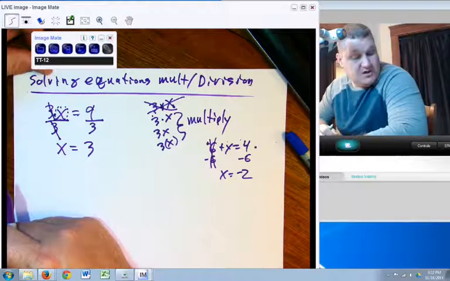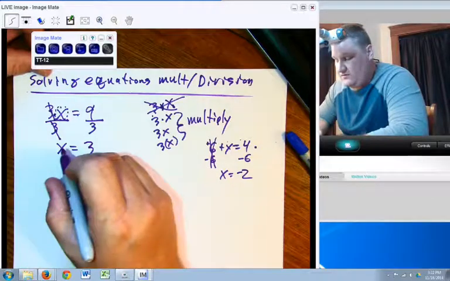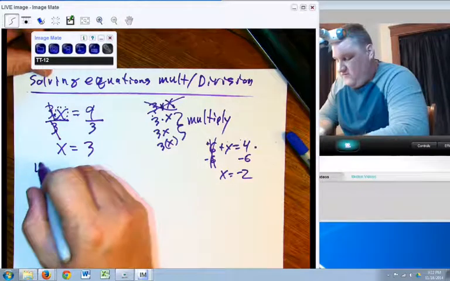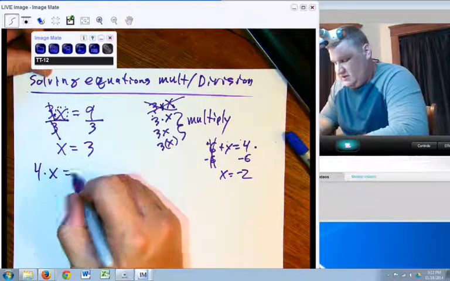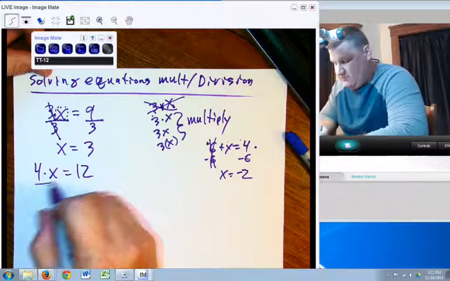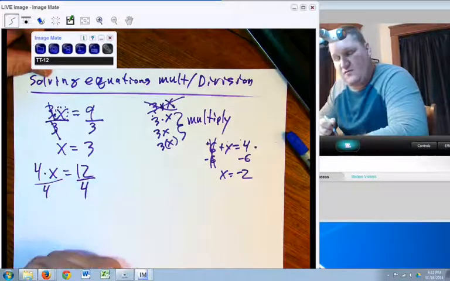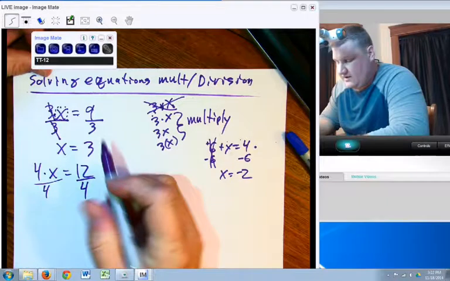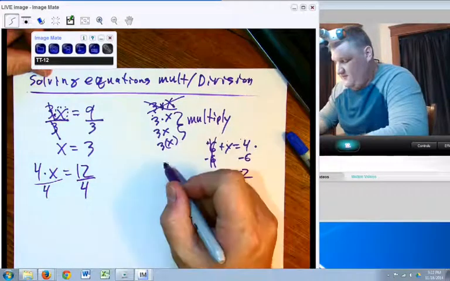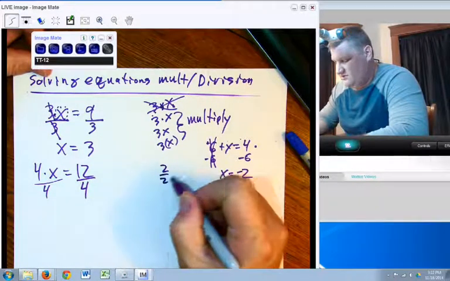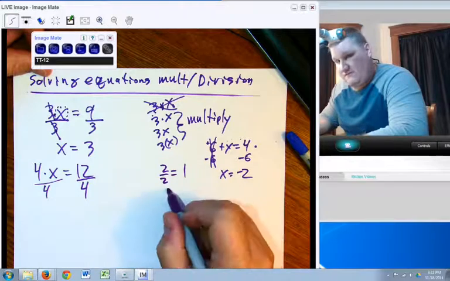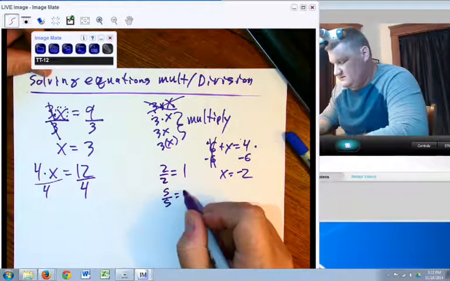Alright, so when I take a look over here, I have 4 times x equals 12. I'm going to divide both sides by 4. Divide both sides by 4. Now, the other reason this works is if I go over here and I say 2 divided by 2, you would tell me 1. If I said 5 divided by 5, you would say 1.